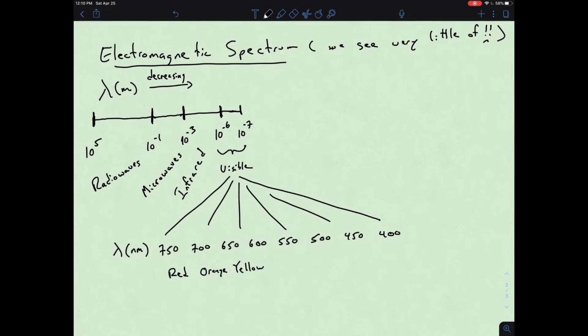And then we get into green, blue, indigo, and violet. And that's just what we see.